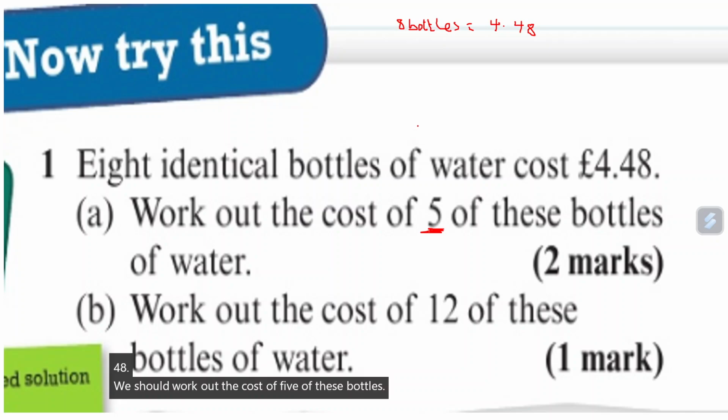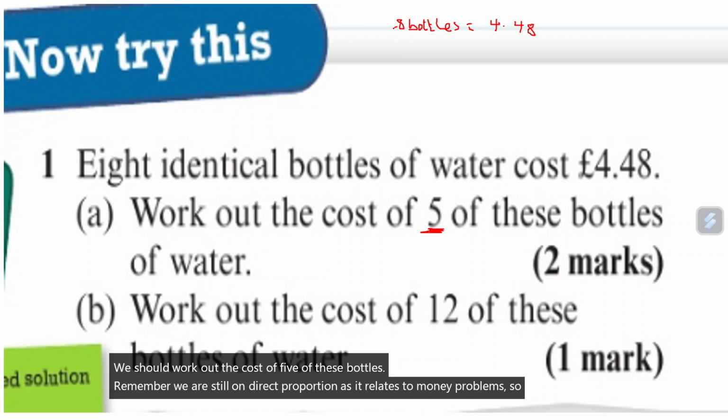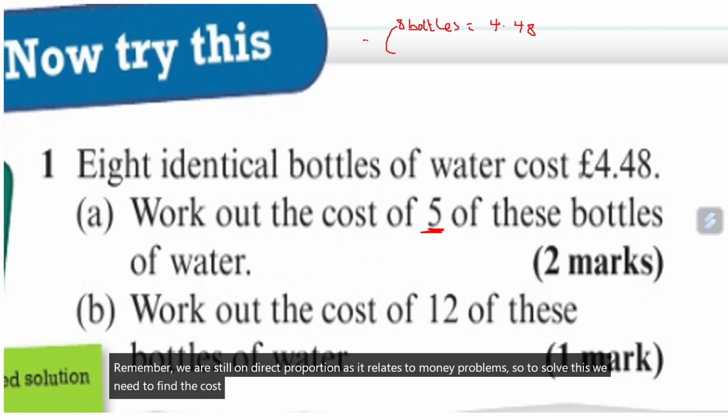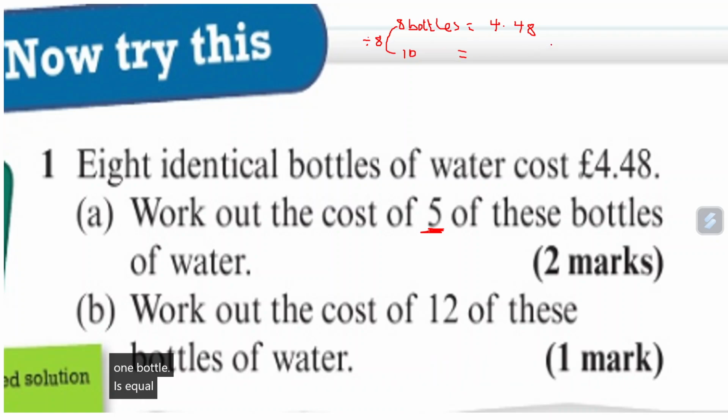Remember, we are still on direct proportion as it relates to money problems. So to solve this, we need to find the cost of one bottle. To do that, you divide by 8.